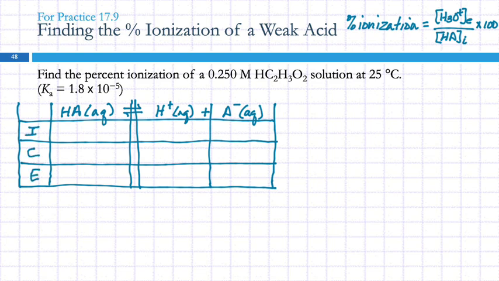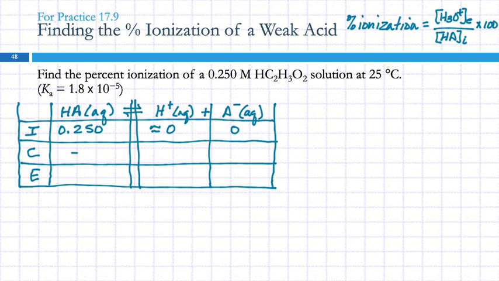ICE. So the initial concentration of our acid is given, 0.250. Initial concentrations of the products are 0. They don't tell us anything different. Here, we're not finding Ka, we're finding the hydrogen ion concentration.